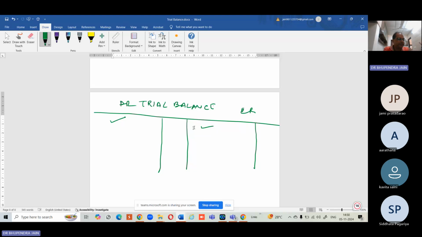Okay. Next. After passing the entry, at the time of preparation of trial balance, if we face that the total of the trial balance does not match, then we have to check what is the reason behind the mismatch of the trial balance, the debit balance as well as the credit balance.